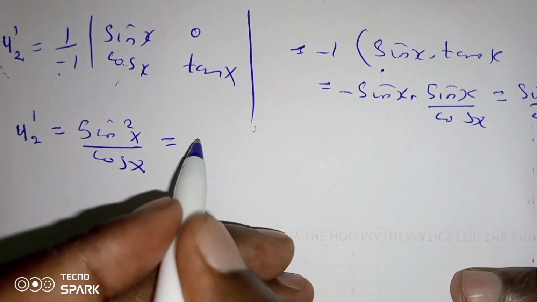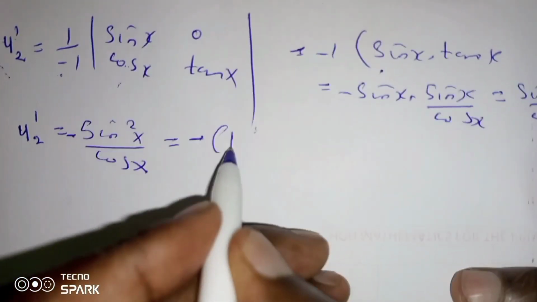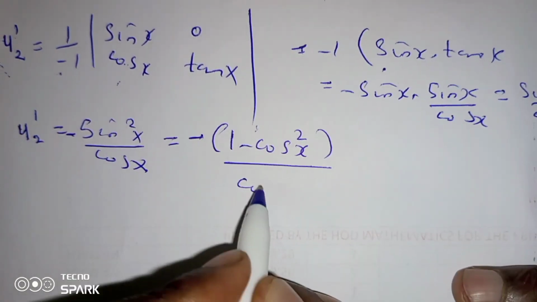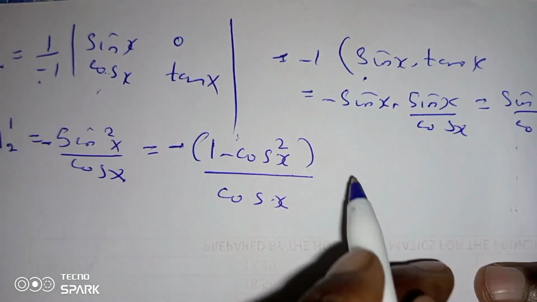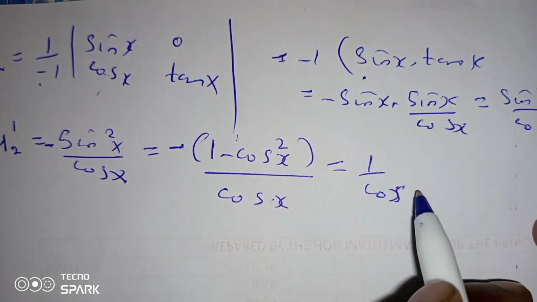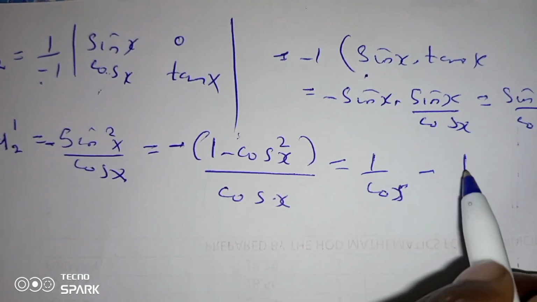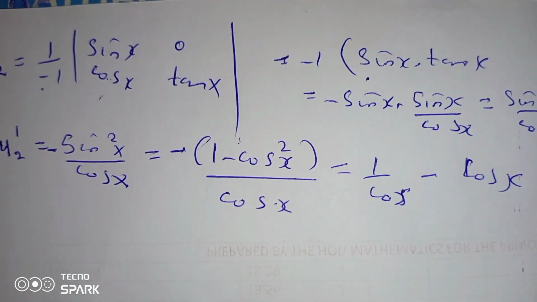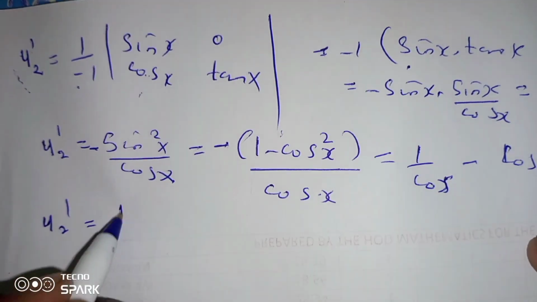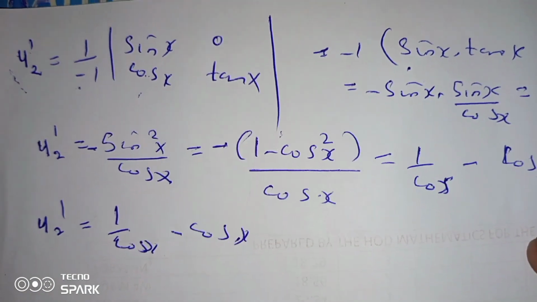From trigonometric identity, you can write sine squared x as negative bracket 1 minus cos of x squared, divided by cos of x, which is equal to 1 over cos of x minus 1 minus cos of x. So our u2 is equal to 1 over cos of x minus cos of x.